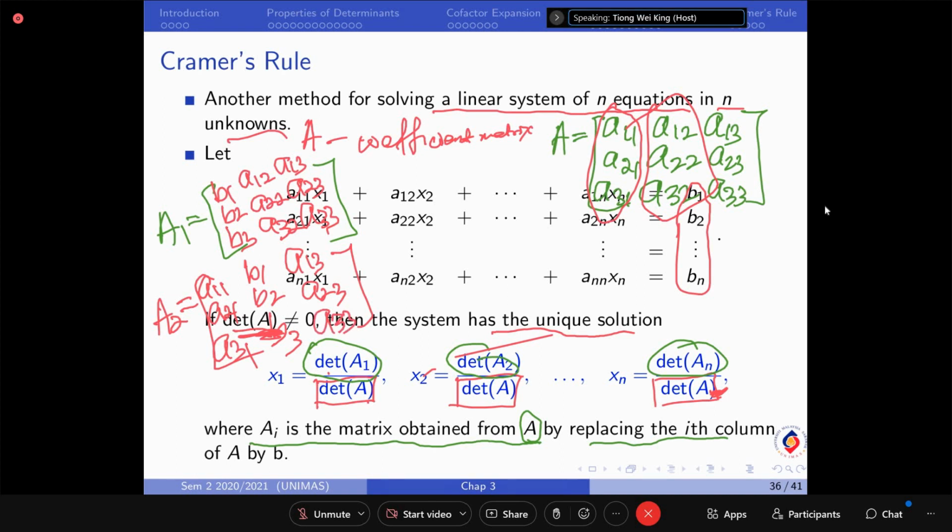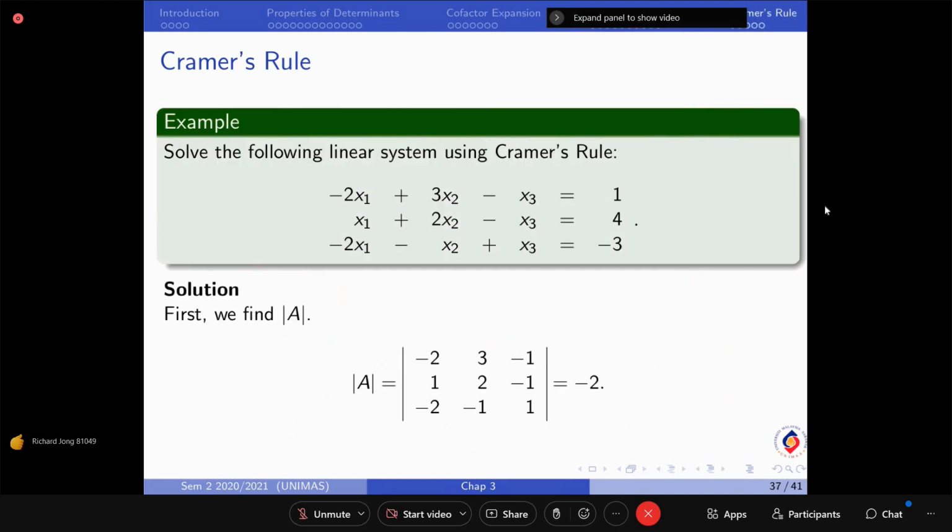This is the third column. The same thing for A3: you replace the third column with B. Okay? So we go to an example. It'll be easier to understand.